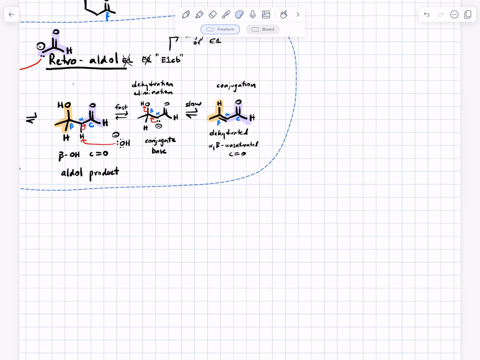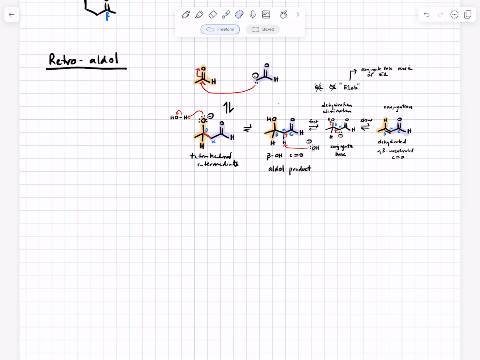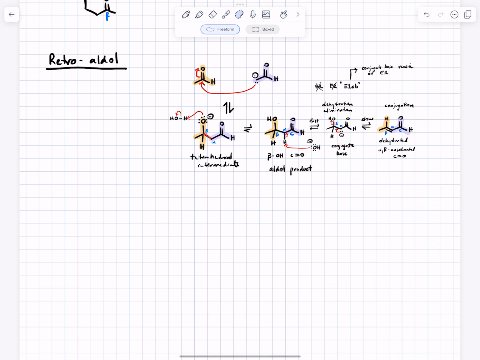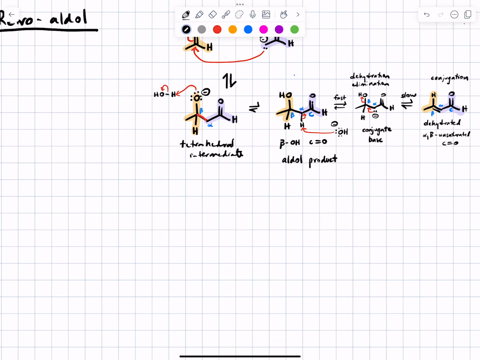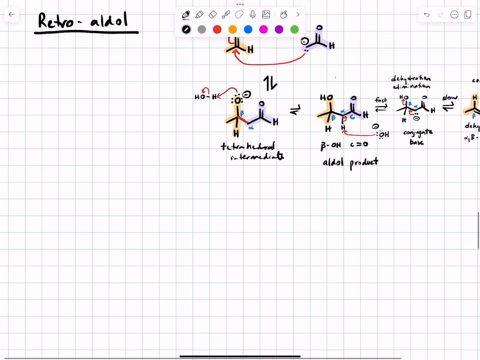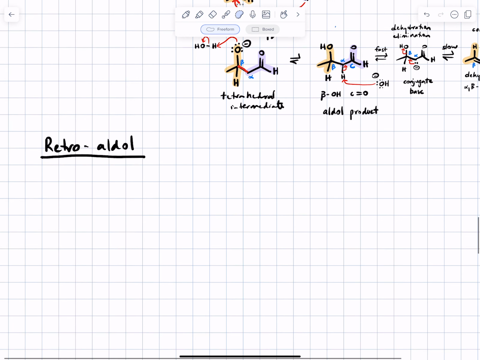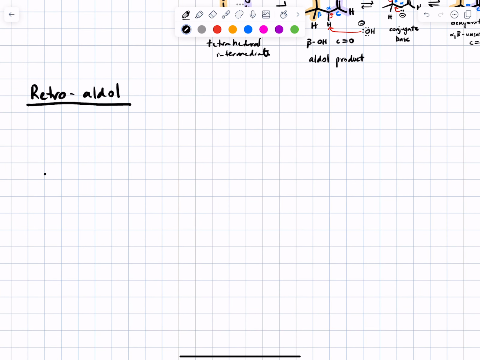So I'm going to copy that, and we're just going to put it up here in the corner. So suppose we start with, for the retroaldol reaction, let's start right away with the alpha beta unsaturated carbonyl compound.